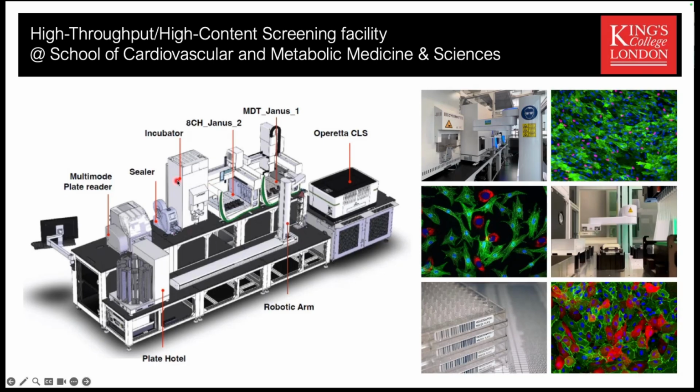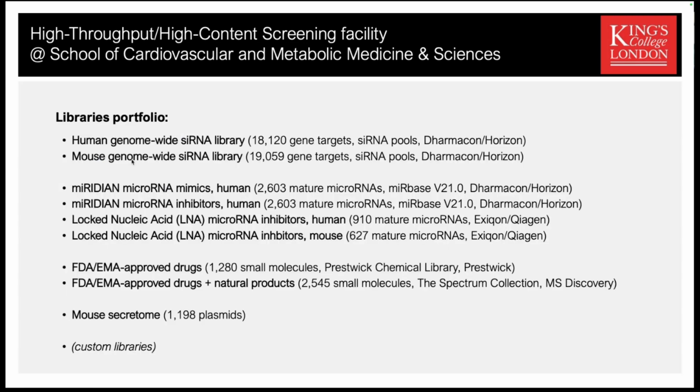This is fully automated. We have a plate sealer, a plate reader, a hotel to keep tips, plates, and so on. And then we have this robotic arm on a rail so that it can access all the instrumentation and bring the plates to wherever they are needed.